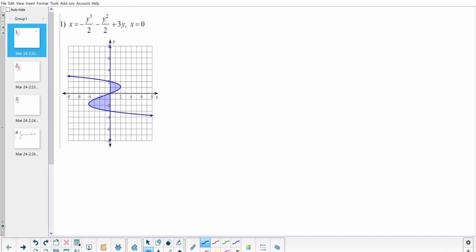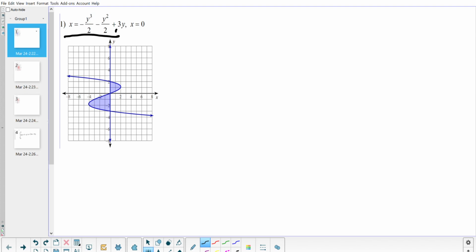So this one, there is no way that we are going to solve for y and do this in terms of x. We have to do this in terms of y, because again, there's no solving for y right here. We're going to have to keep that the way it is, meaning we've got to do this in terms of y.